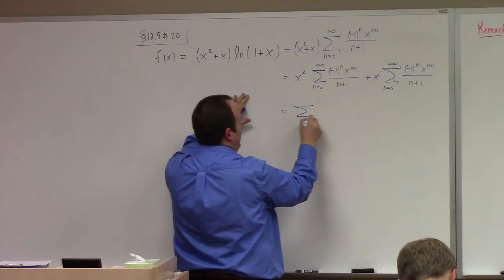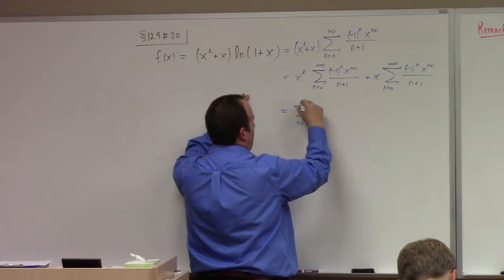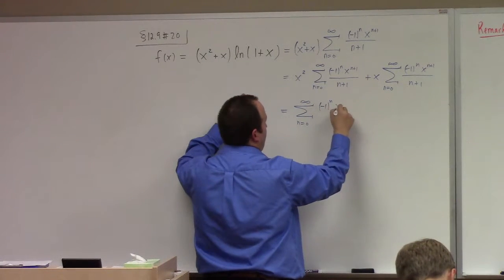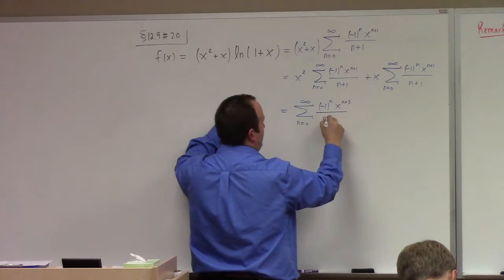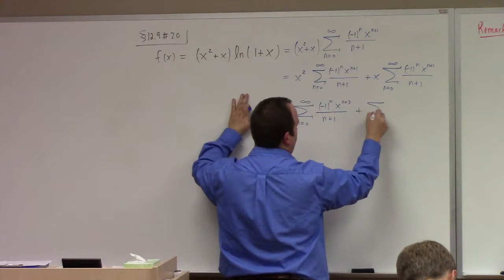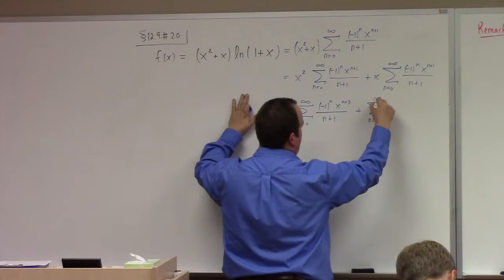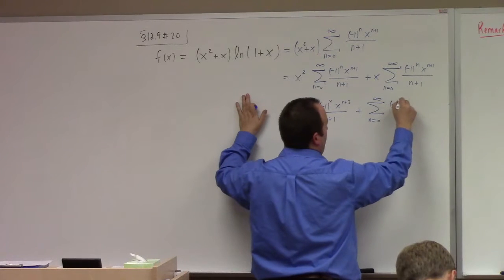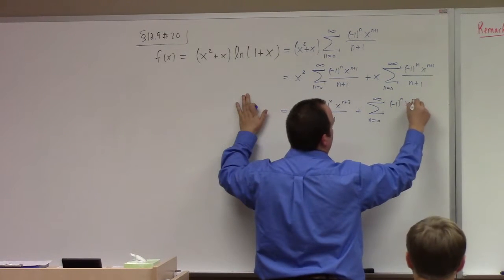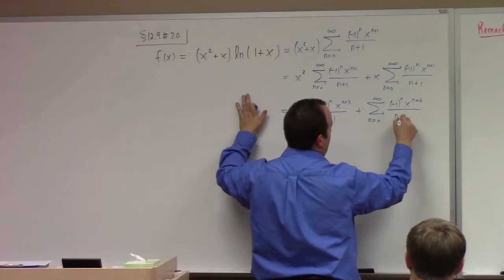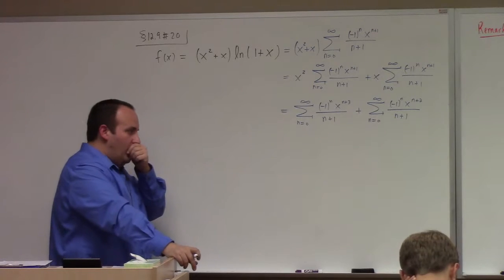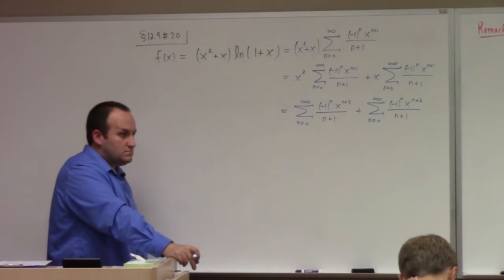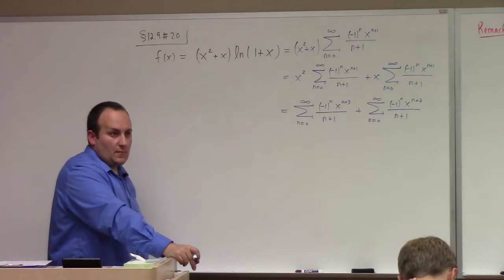So what we have then is the sum n equals 0 to infinity minus 1 to the n x to the, looks like n plus 3 divided by n plus 1, plus the sum n equals 0 to infinity minus 1 to the n x to the, looks like n plus 2 over n plus 1. Right? Do you guys agree? And we're not done yet.